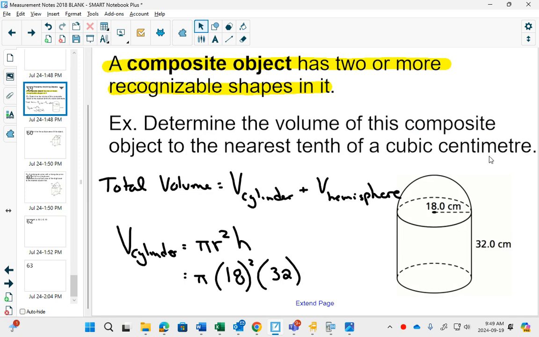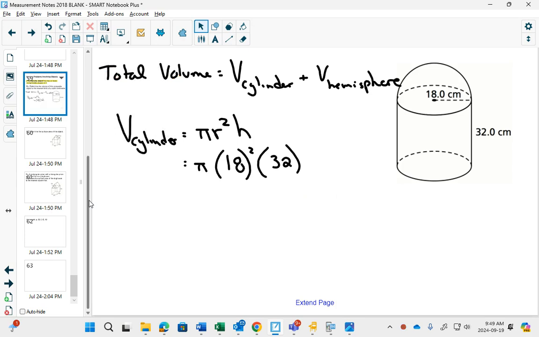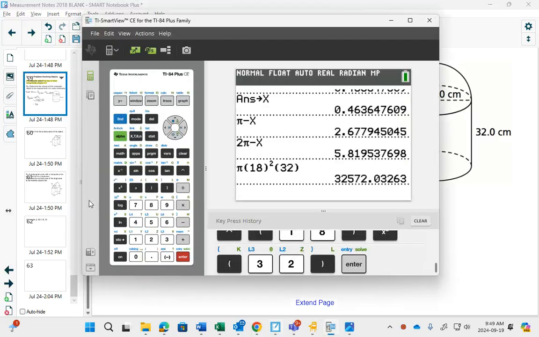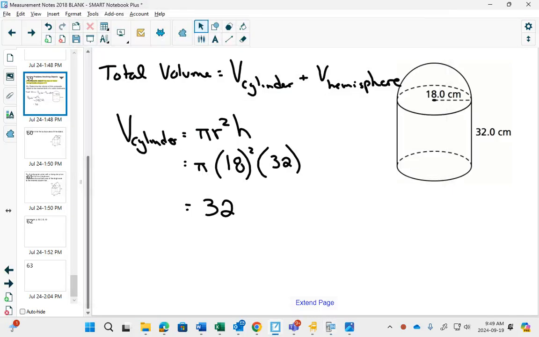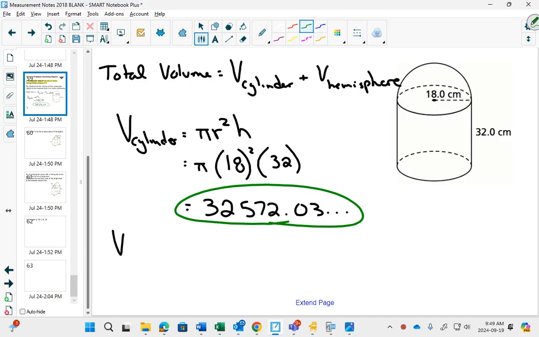And that answer, 32,572. And you might want to put a temporary circle around that for yourself.